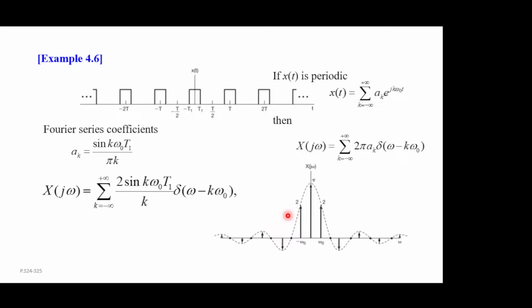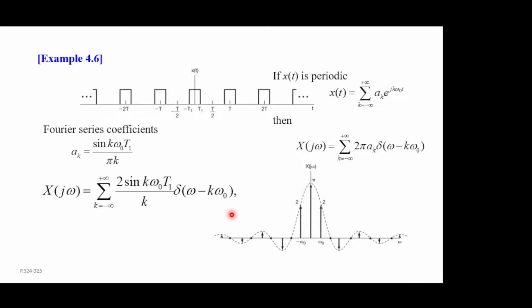Okay. So any question? Well, how we think of it: the Fourier transform of any periodic function is just a whole bunch of unit impulses, or delta functions, placed at the points k omega naught.